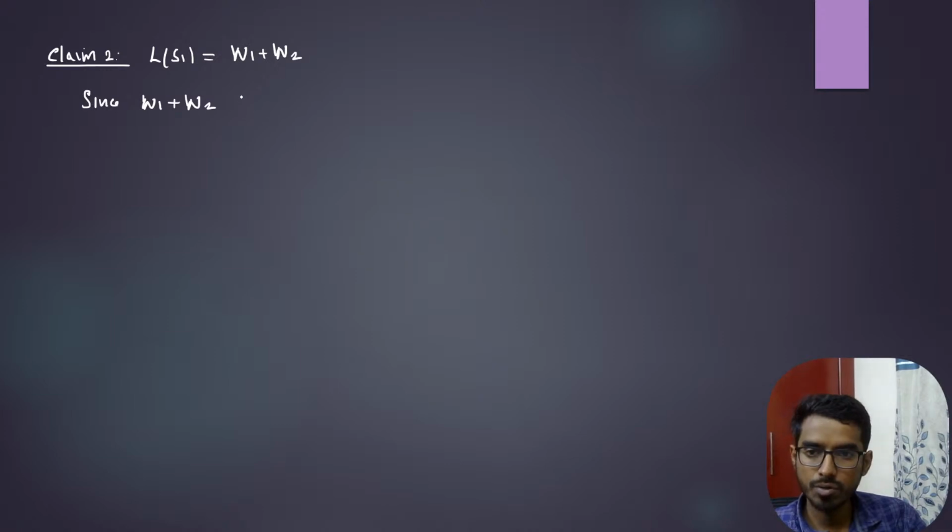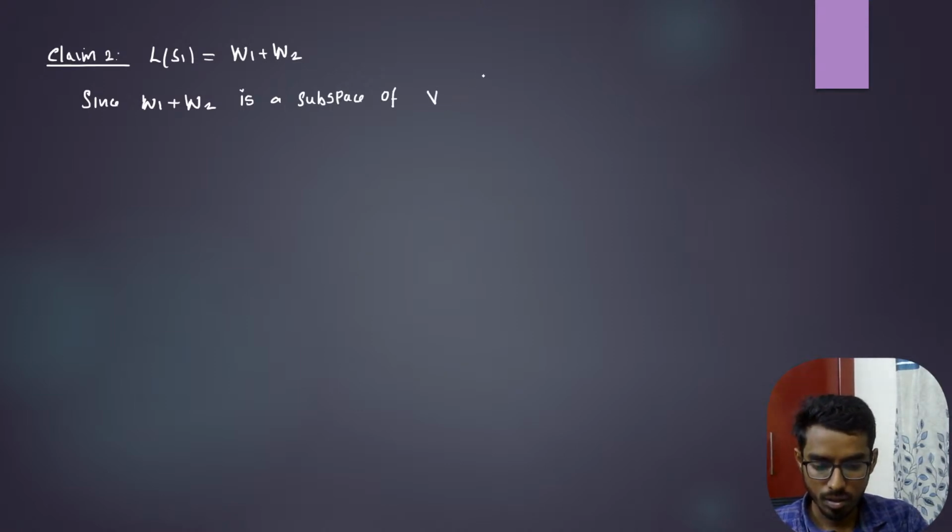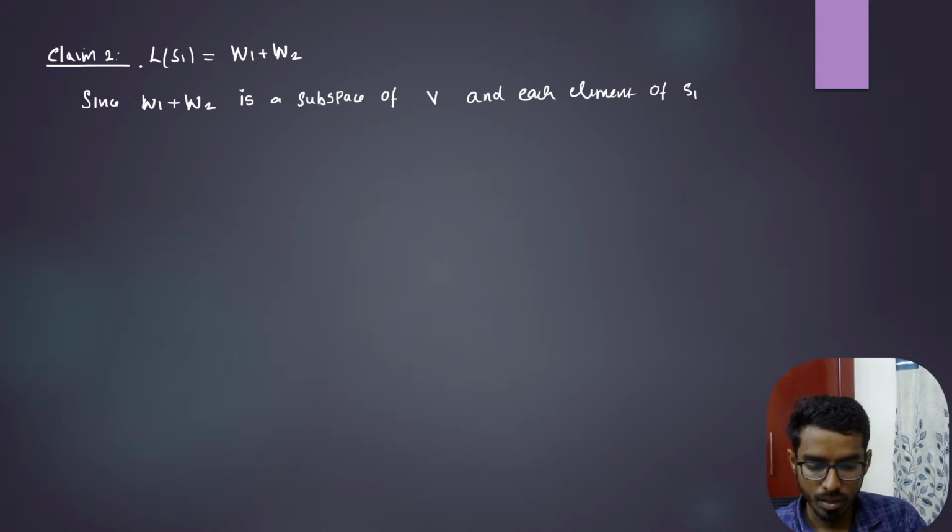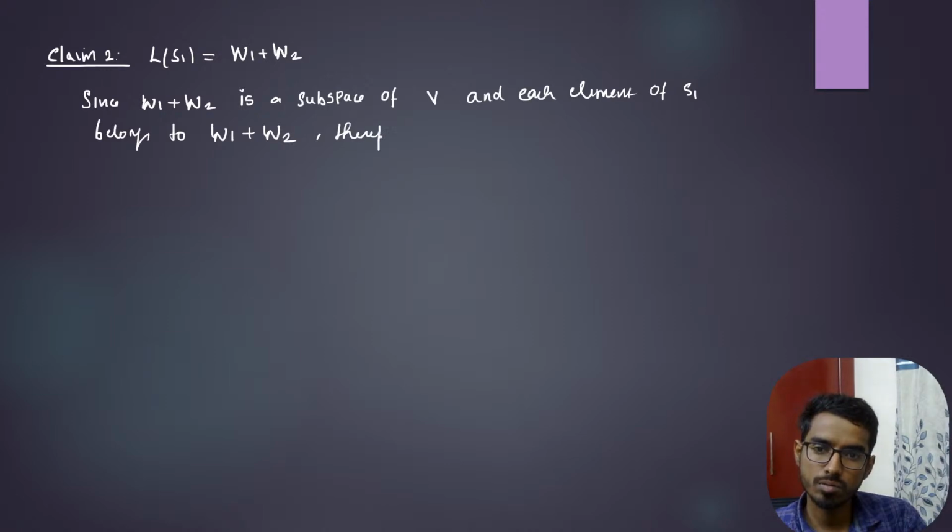Since W1 plus W2 is a subspace of V and each element of S1 belongs to W1 plus W2, therefore L of S1 is contained in W1 plus W2. The first part is easy.